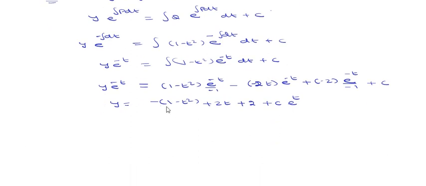Minus 1 plus 2 is plus 1, so this can be written as y equal to 1 plus t square plus c e power t.